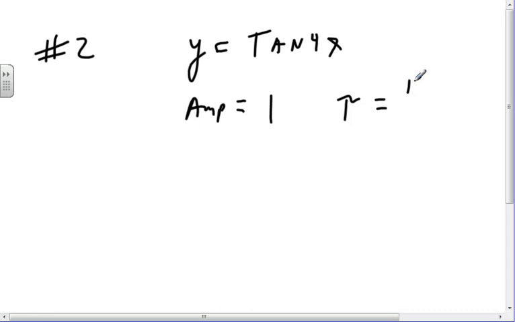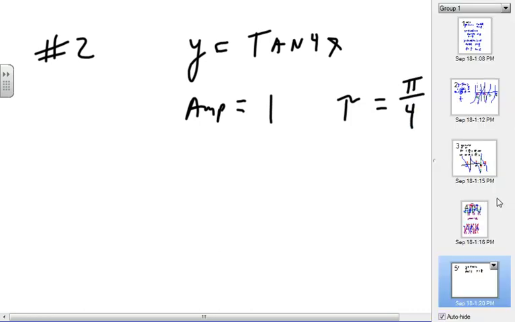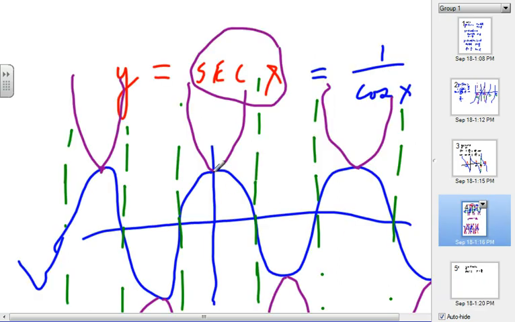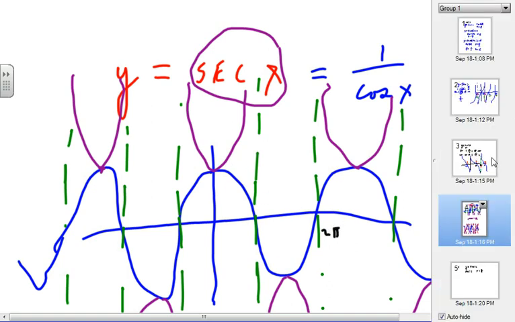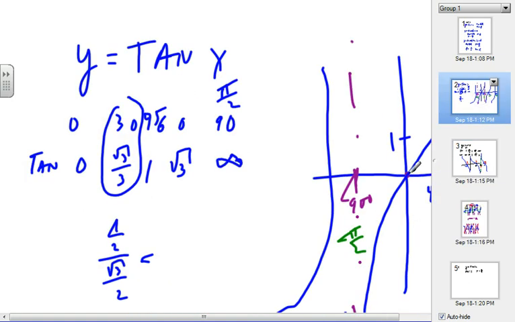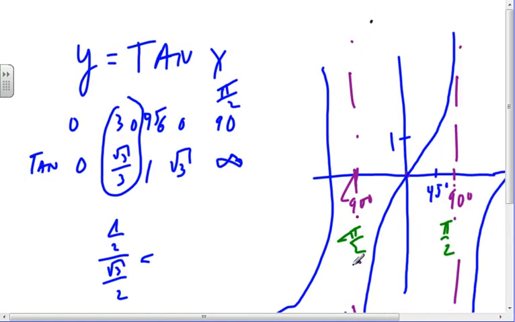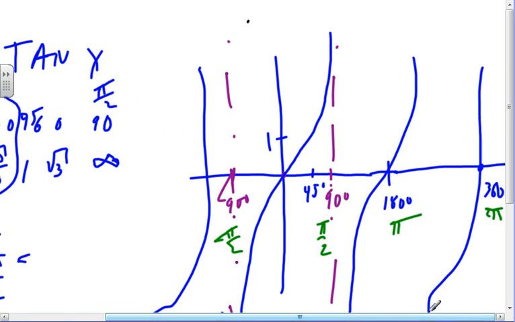The period is pi over 4. Now, why is it pi over 4? When we come back here, this is a cosecant thing, and it's 2 pi, right? 2 pi is the period to get a full cycle. But if I look at the tangent curve, it repeats itself after 1 pi, and then it does it again.